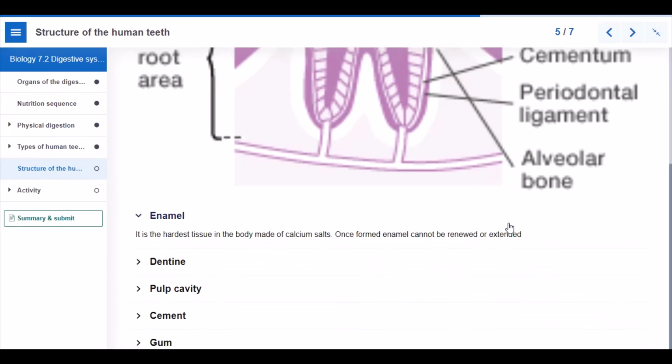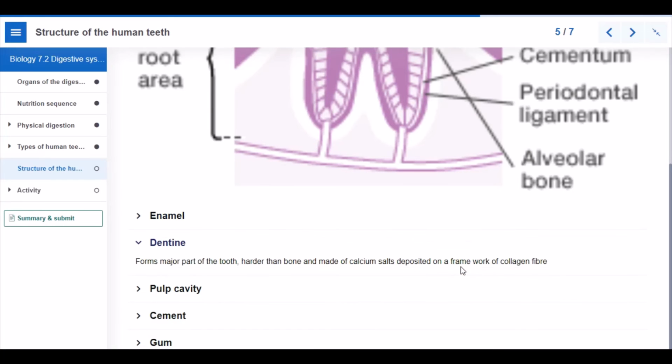The enamel is the hardest tissue in the body, made of calcium salts. Once formed, enamel cannot be renewed or extended. The dentine forms the major part of the tooth, harder than the bone, and made of calcium salts deposited on a framework of collagen fiber.